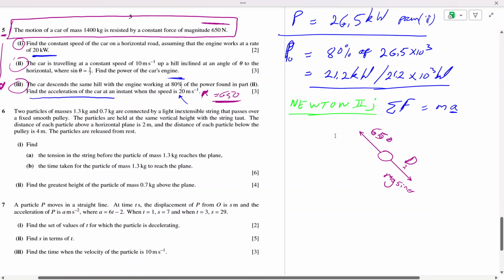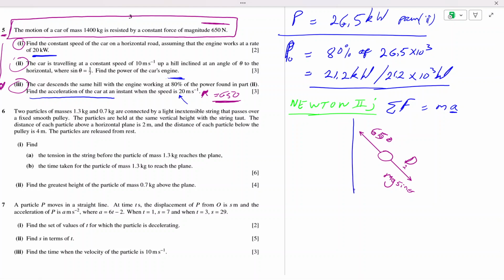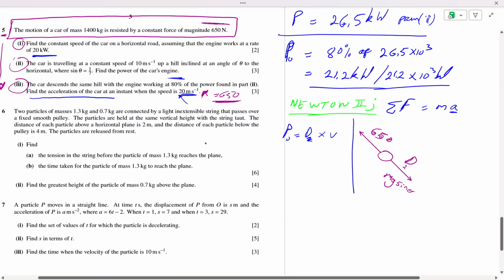Okay, so I'll use the power equation to find this D2. We know that power P naught is equal to driving force 2 multiplied by the velocity. The velocity is given, it's 20 meters per second. And the power, we also have it, it's 80% of 26.5 kilowatts, which was 21.2 kilowatts.